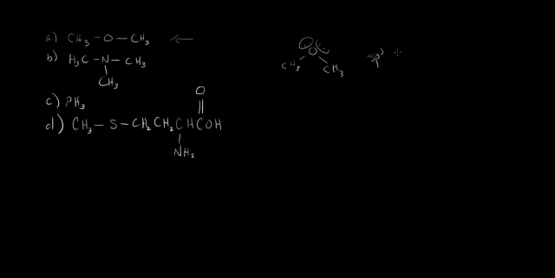And you could also write it in the format A, X, E, where A is the central atom, X are the atoms around the central atom, and E stands for the electrons that are lone pairs. So you could do it this way as well.